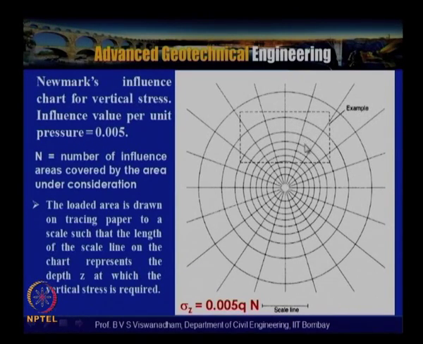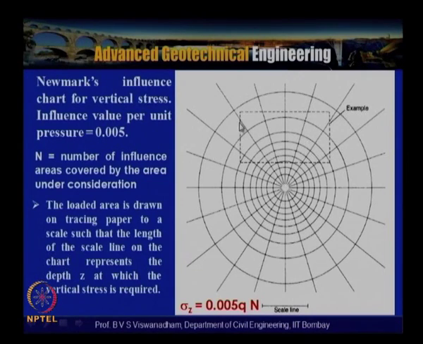So let us say this is 1, 2, 3 like that. When you count you may get 29.5, or it can be approximated to a whole number, and that number is multiplied by Q and the influence factor, then we can get the stress. The loaded area is drawn on the tracing paper to a scale such that the length of the scale line on the chart represents the depth z at which the vertical stress is required.